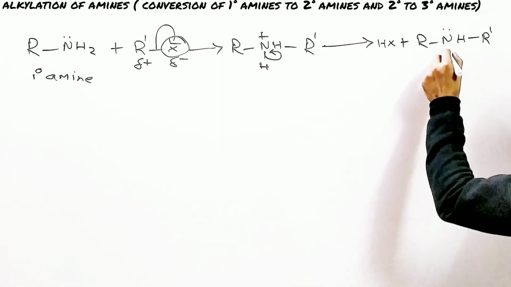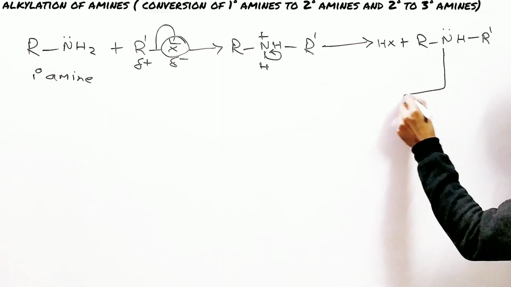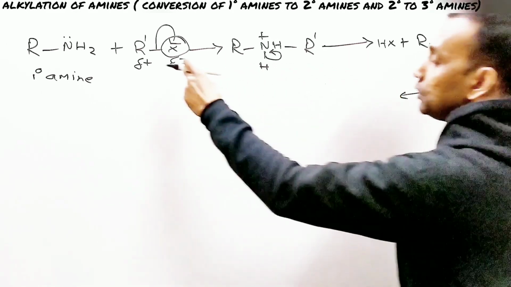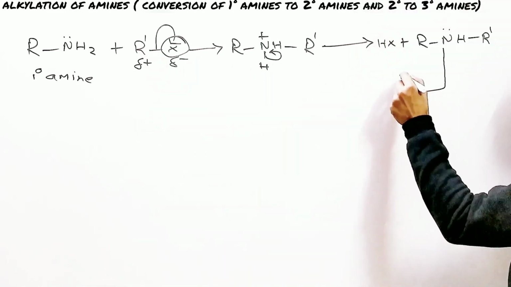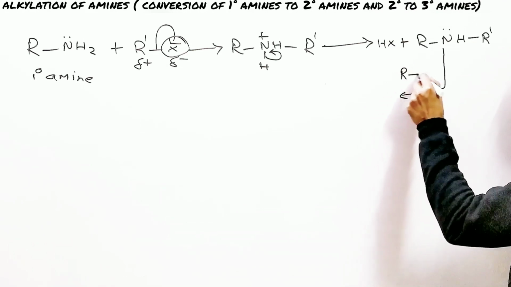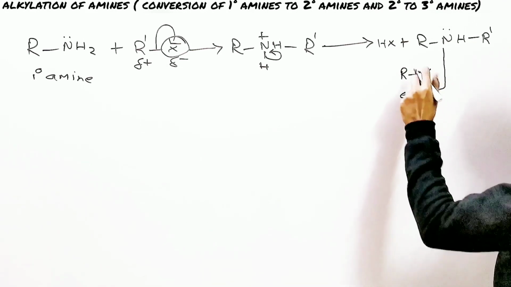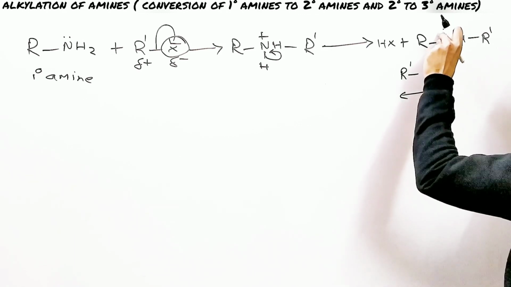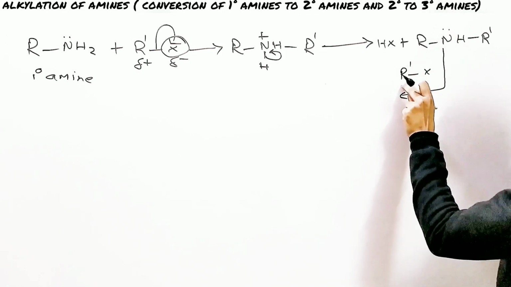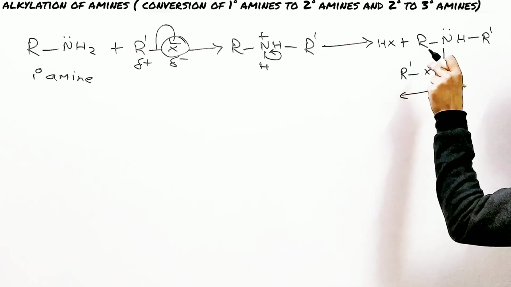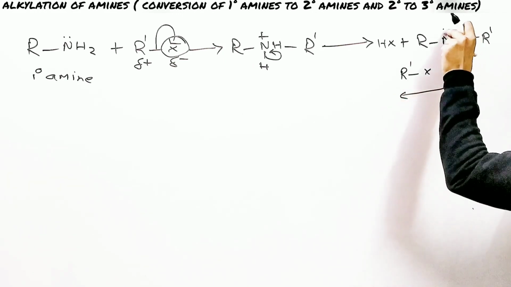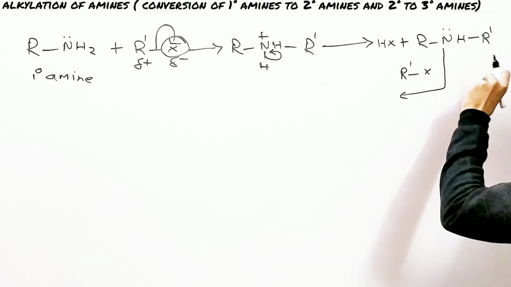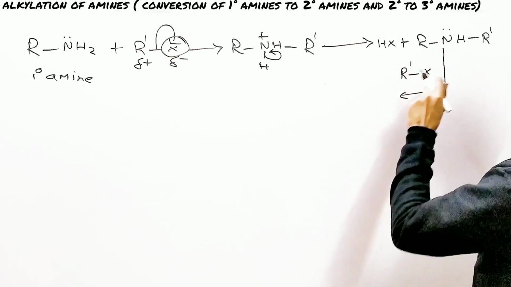Now what happened? This reaction doesn't stop here. So what you can do, if you react it with alkyl halide again, what will happen? Just because the nitrogen is electron rich and this one is electron deficient, this alkyl group will again go to the nitrogen, and this will form a kind of salt here.